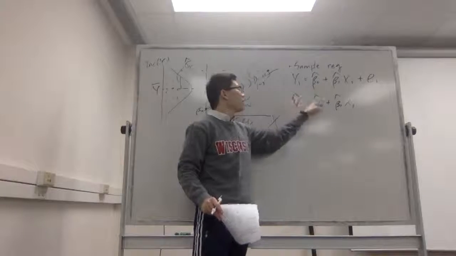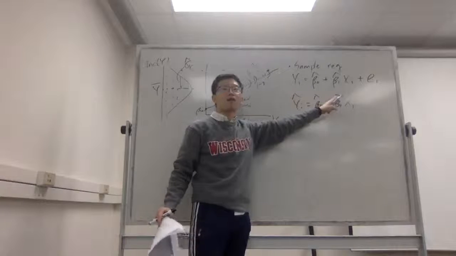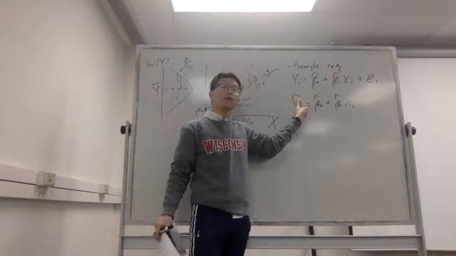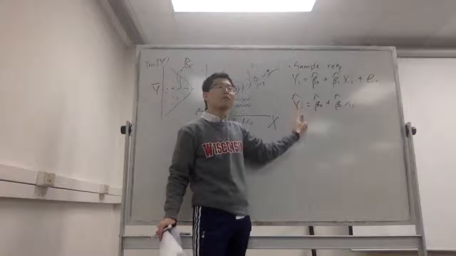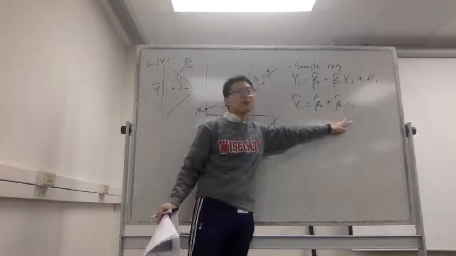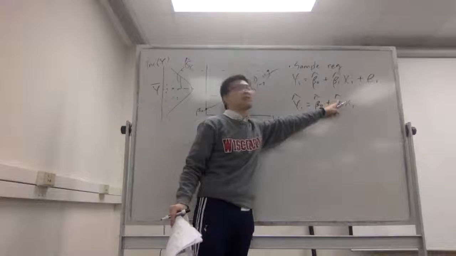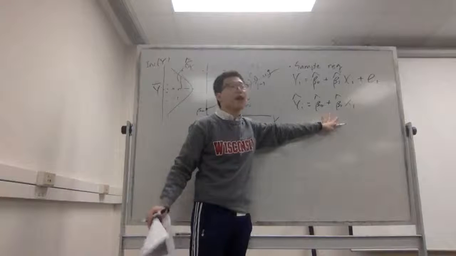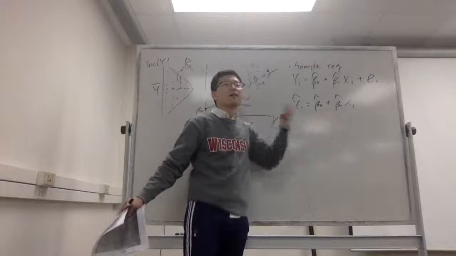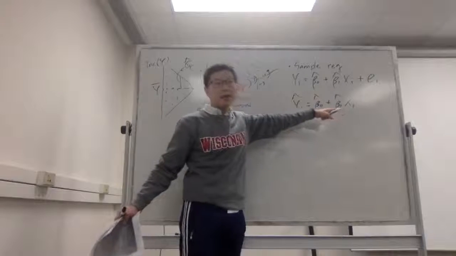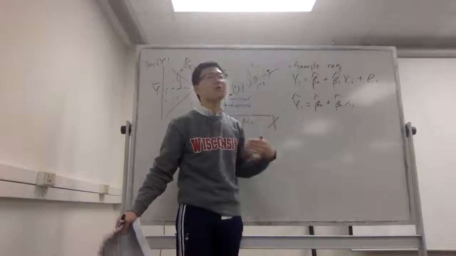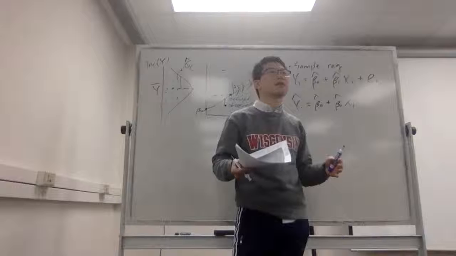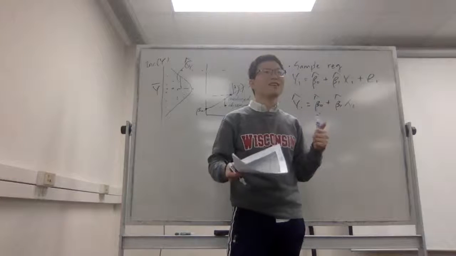But the meanings of these hats are slightly different, because this hat means estimated or predicted by the linear predictor, but these hats mean that they're estimated from the sample at hand. So they all mean estimated, but the sources of estimation are different. Does it make sense?